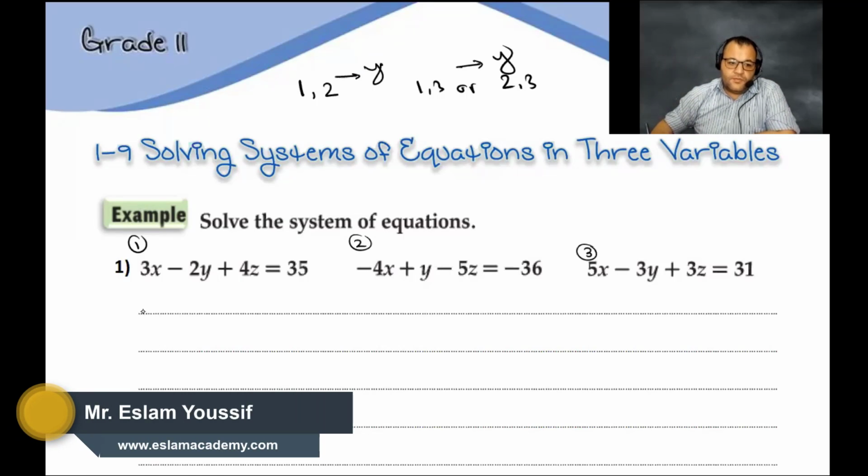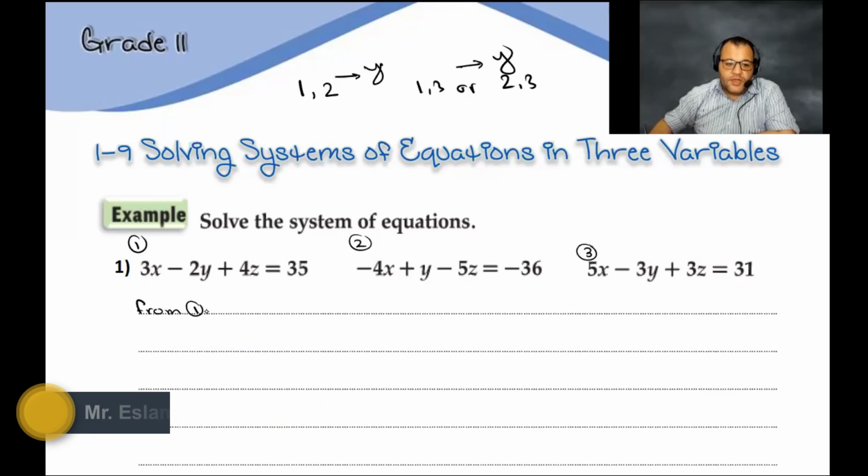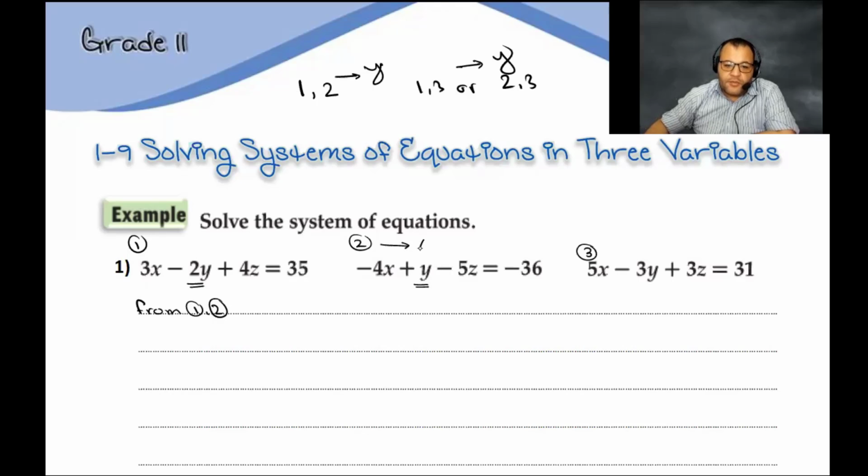So from equation number 1 and number 2, how can I remove y? If you look at y here, you find that's 2. If you look at y here, it will be 1. It means I need to multiply equation number 2 by 2. I will write the first one without any change: 3x minus 2y plus 4z equals 35.